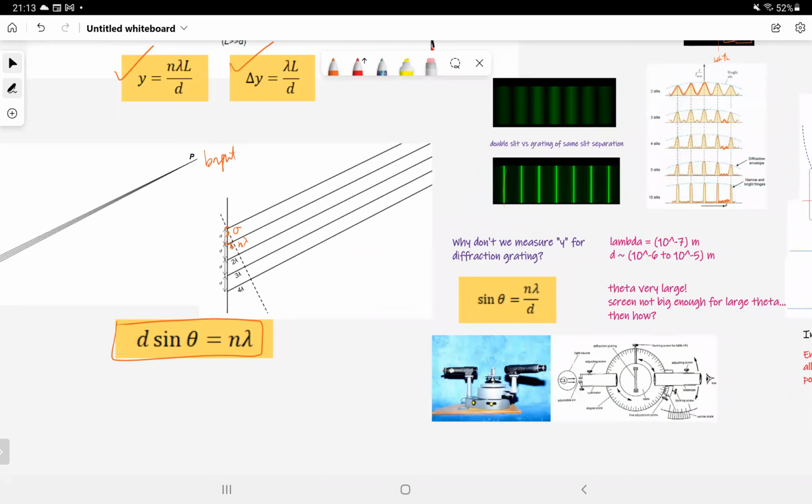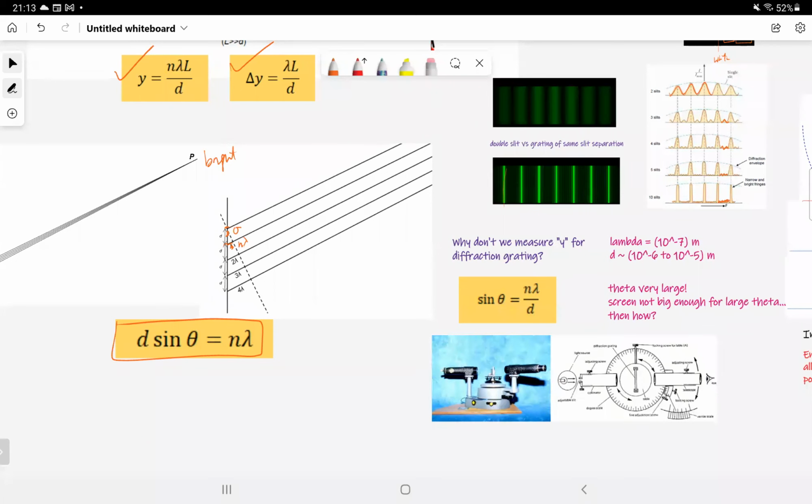Still, in some questions, there could be a change in the condition. You still have a diffraction grating, but we can actually use something similar to the double slit equation. The reason is that in those questions, the d is much larger. What is serving as a diffraction grating could be something that is not the industrially made professional grating.